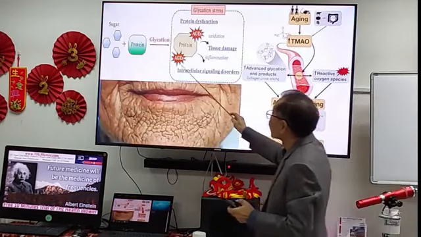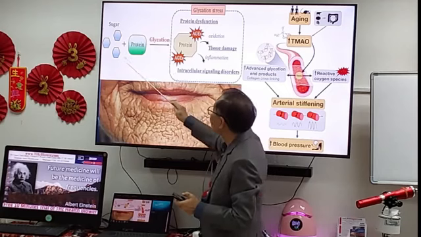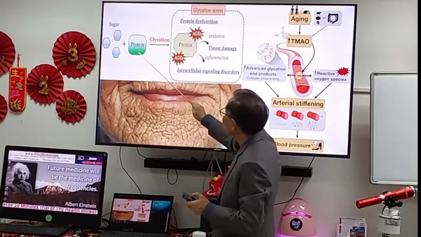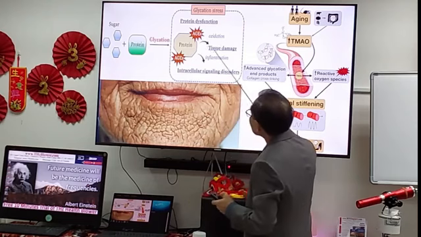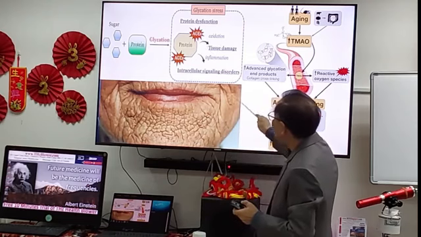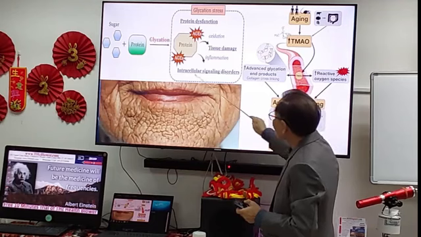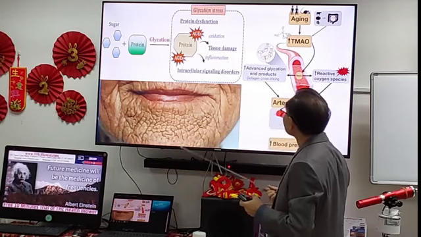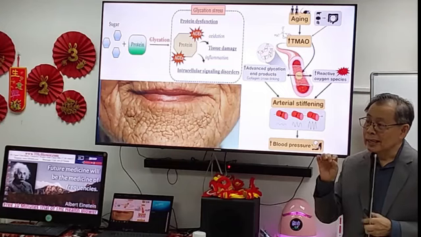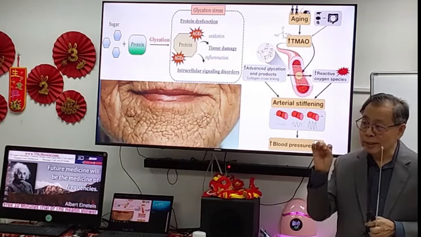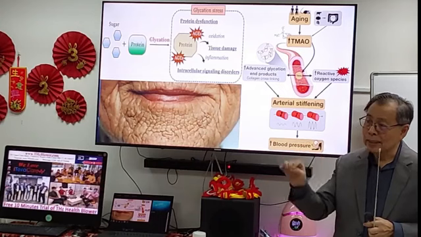So this is glycation. The sugar will combine with anything, protein, fat molecule, oxidize it, inflammation. So it causes a lot of signaling disorder. By the way, ROS has a good function. It's an indication that something is going haywire.